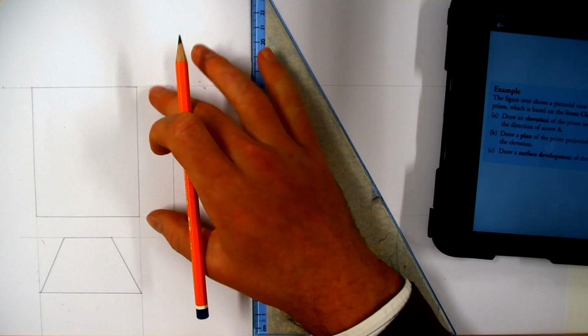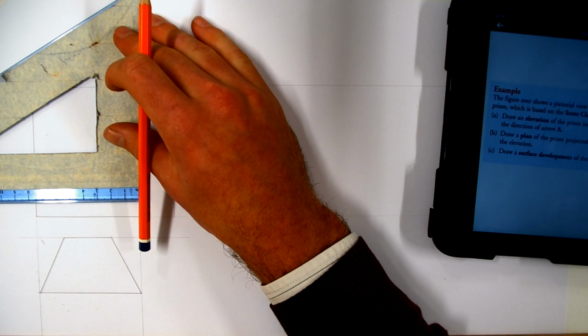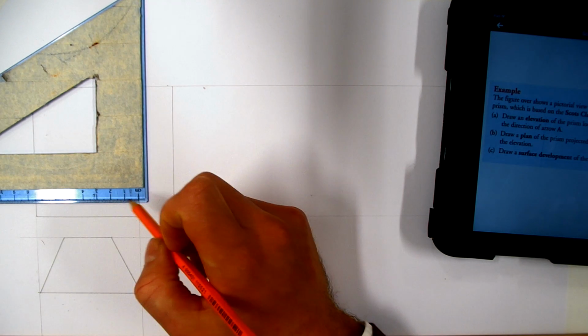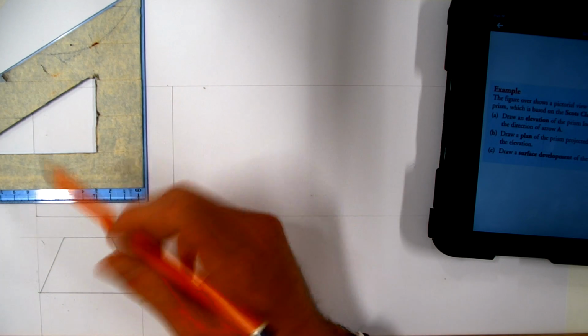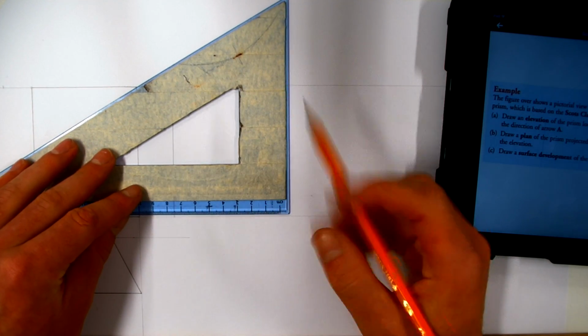Okay, we're going to start off. We know there's a thickness here of 6. There's a thickness here of supposedly 65, but I've left it at 70, which is fine. 75. So I'm going to mark 75 too.